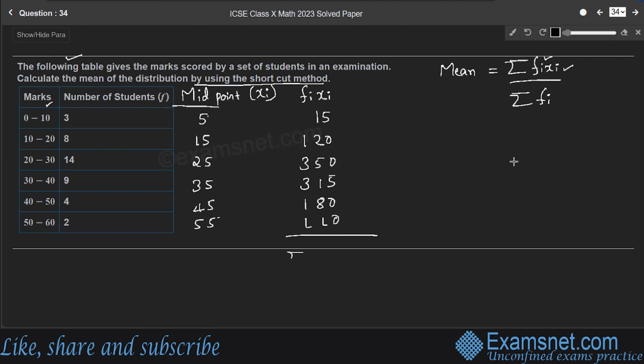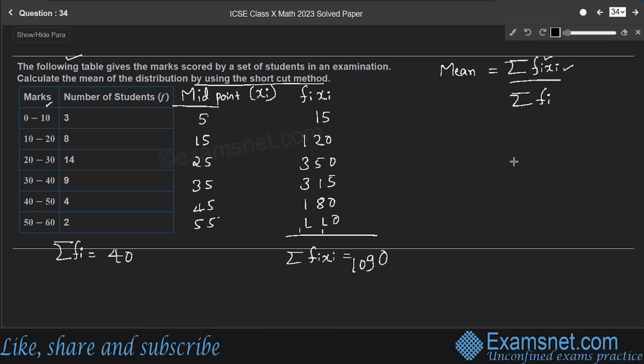Therefore, sigma fi xi is equal to, so add all these, you'll get 1090 as sigma fi xi.